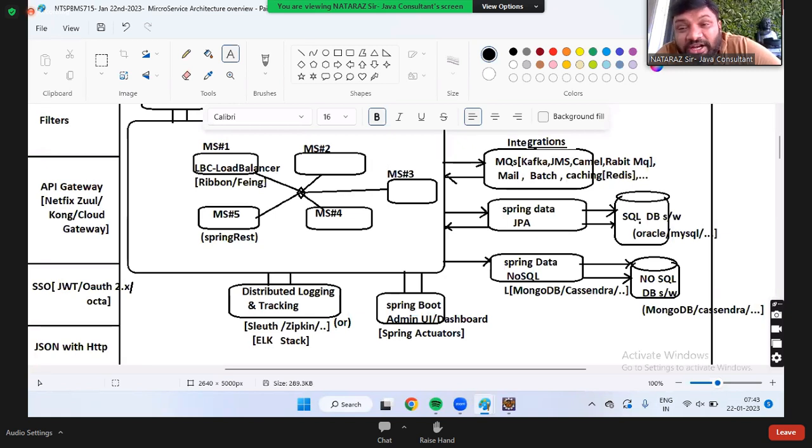These features will come automatically in Spring Boot. Are you understanding my statement, guys? These features will be added automatically or not? Yes, will be added automatically, right, boss?